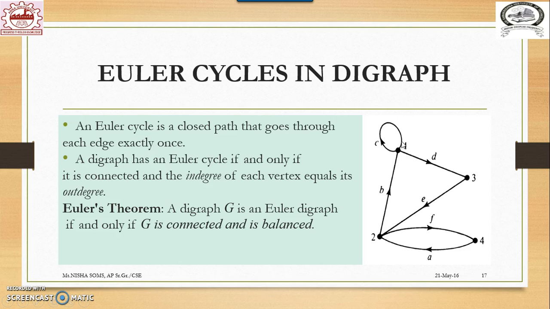Here the in-degree of 1, from B and C, is 2, and the out-degree, to C and D. 3 has one in-degree from D and one out-degree to E. 4 has one in-degree, from F, and an out-degree to A, that is 1. So in-degree is equal to out-degree. Yes, this graph has an Euler digraph.